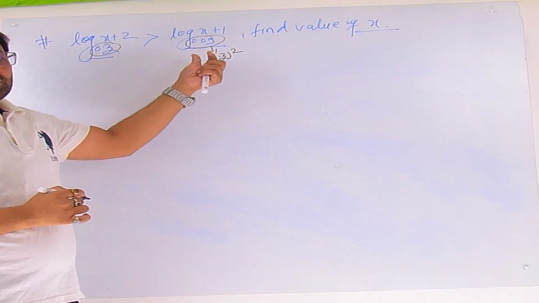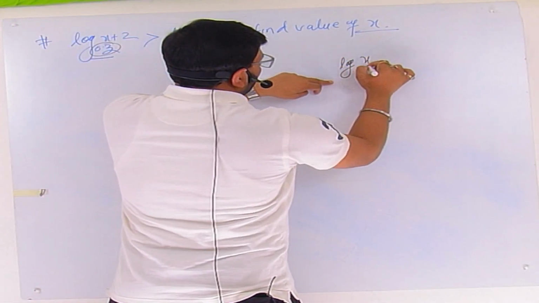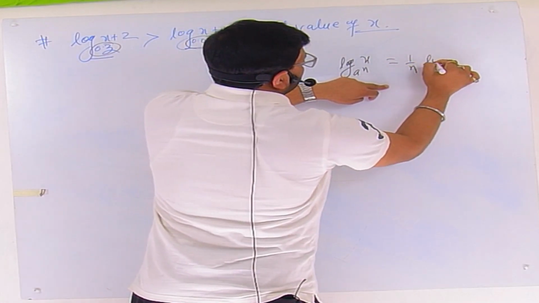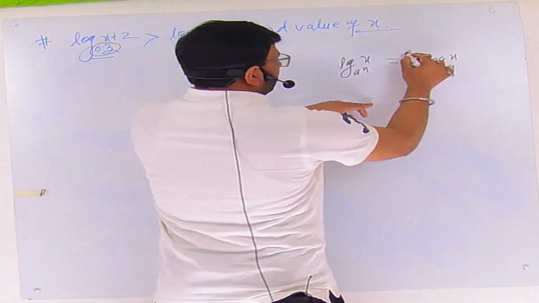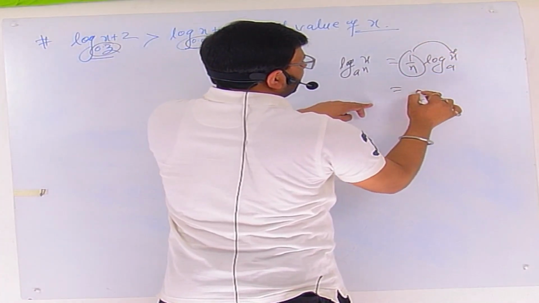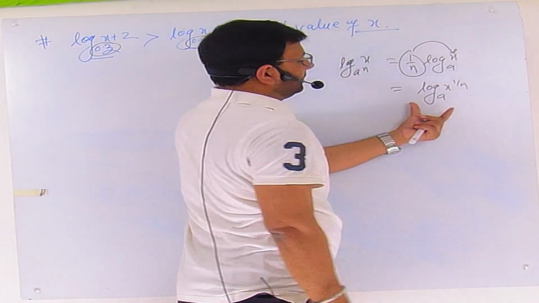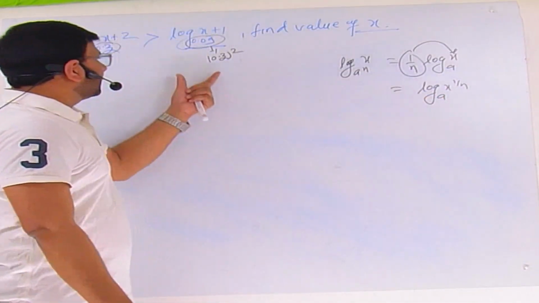So I will use one property of log. If I am writing log x base a raised to the power n, this becomes 1 by n log x base a, and this 1 by n can again come to this side, so log of x raised to the power 1 by n base a. So can I write directly here?